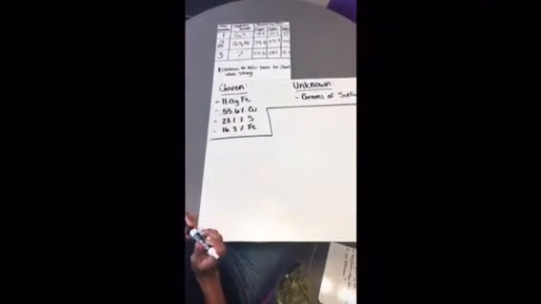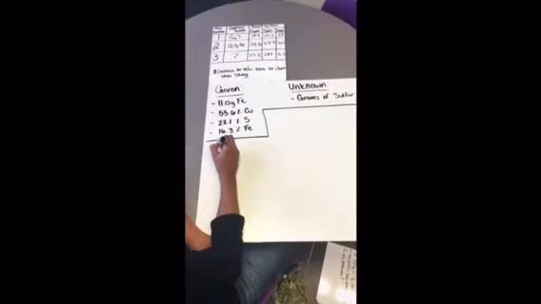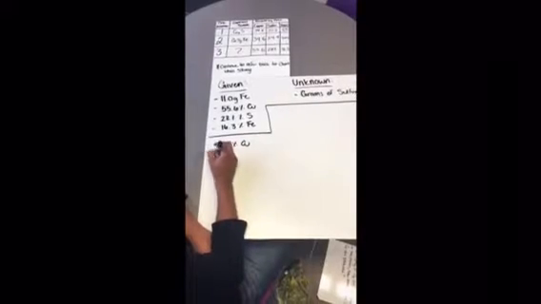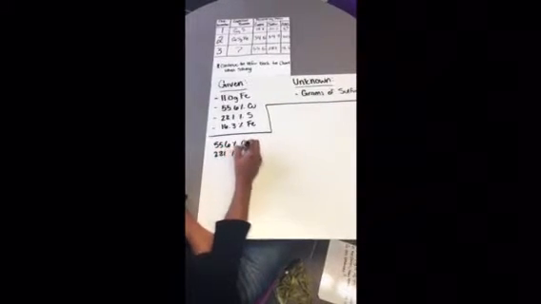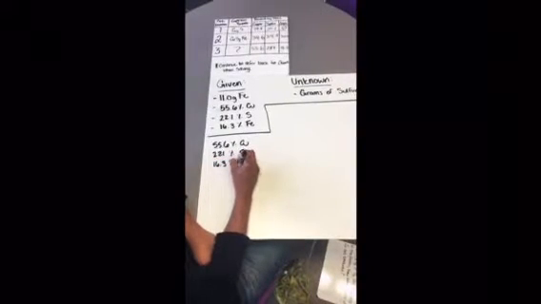And then if we refer back to the table up here, we see that we have 55.6 percent of copper, 28.1% of sulfur, and 16.3% of iron. Now this problem is going to be pretty similar to the last one. So 55.6% of Cu, 28.1% of sulfur, and 16.3% of iron.